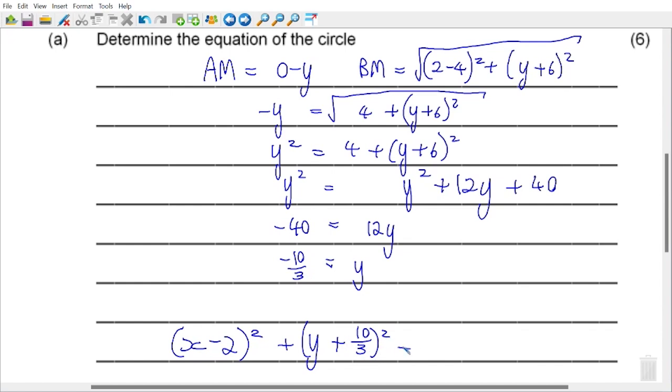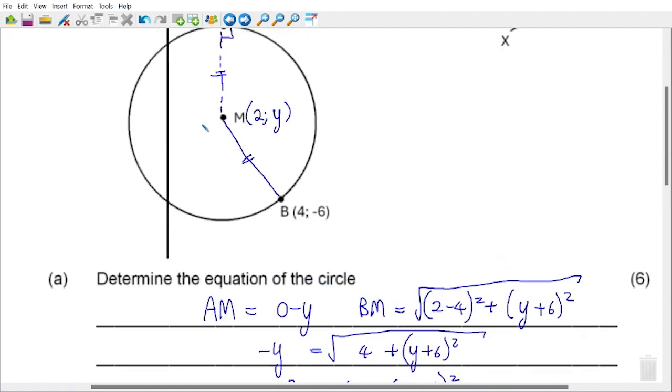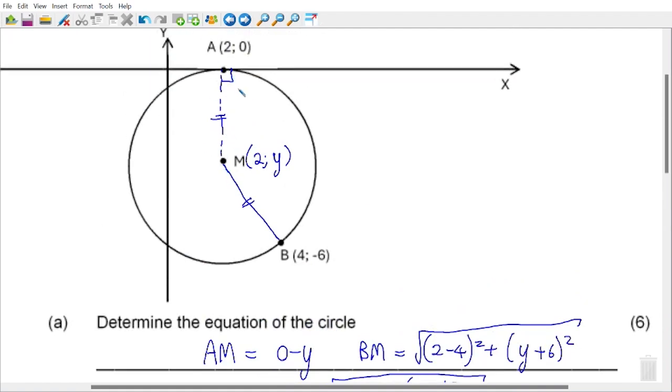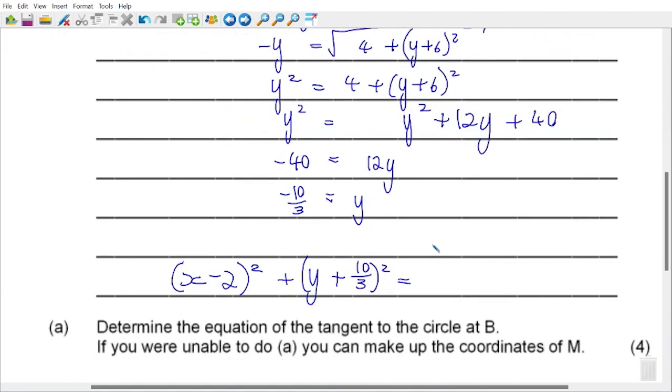And what we do need to do is work out what our radius squared is going to be. Now, our radius is actually the size of this y value, basically, without its sign. So in other words, this radius is actually 10 over 3, as is this radius over here. And the square of the radius is what we need in our formula. So we get 100 over 9.